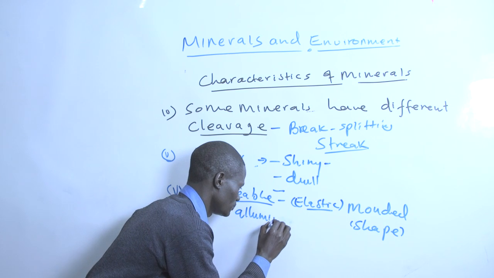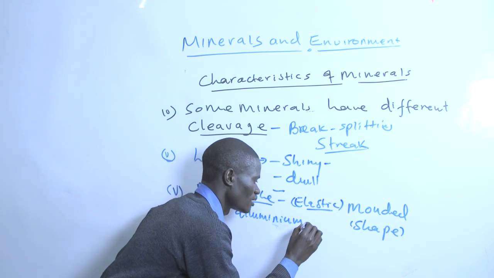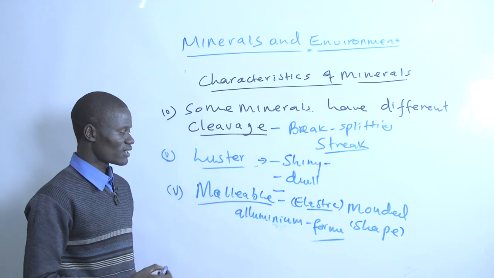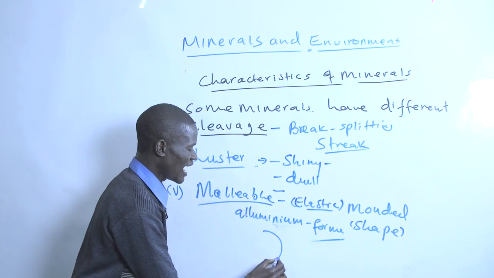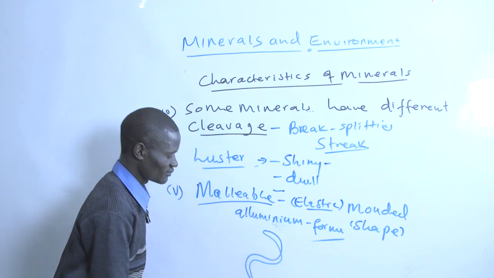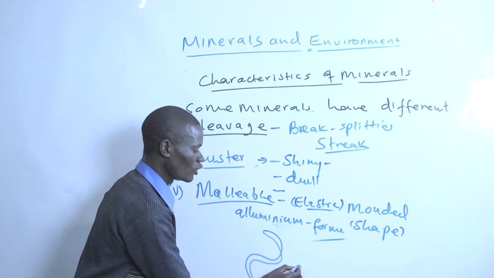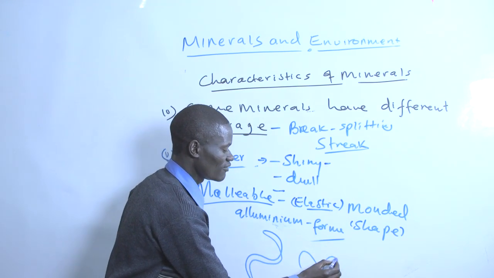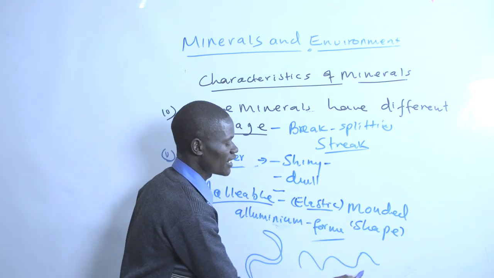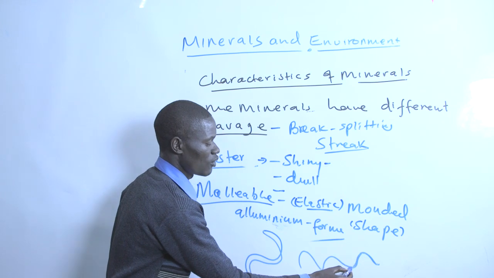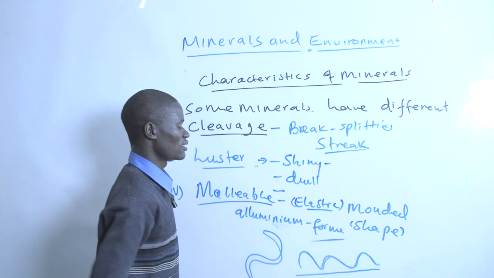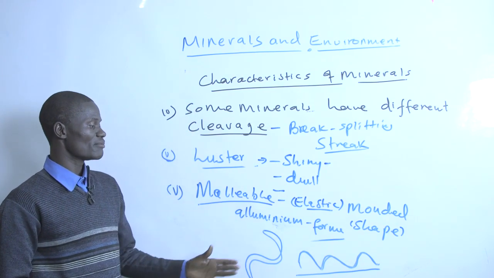into the form or the shape that you desire. For example, you can twist aluminium and make some rings. You can mold aluminium and form what we call iron rooftops, especially corrugated iron rooftops. This ability of being molded into these shapes gives a distinct characteristic of being malleable.